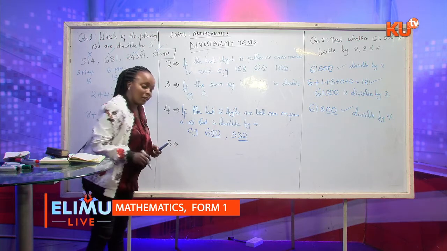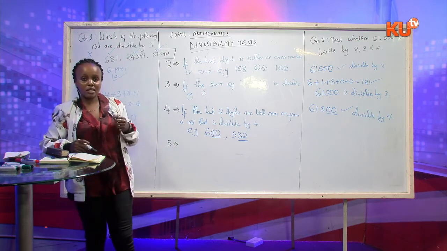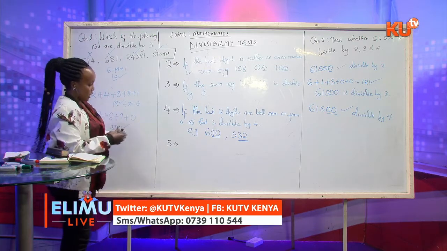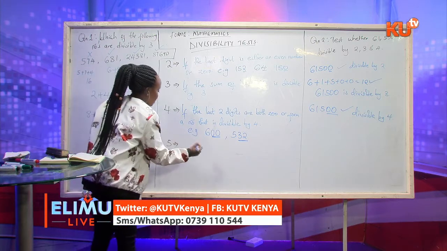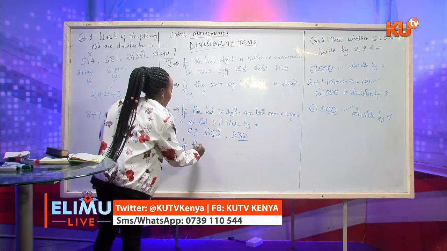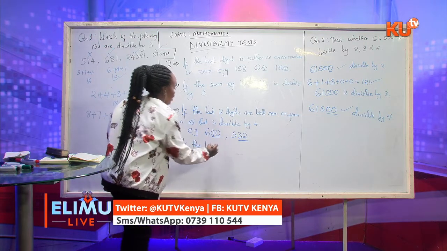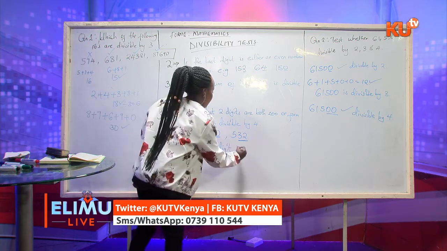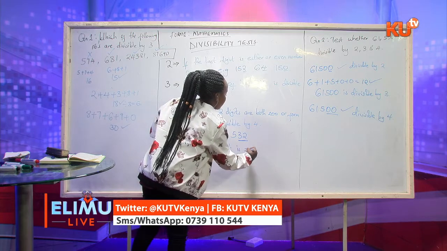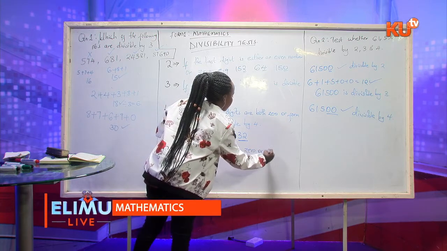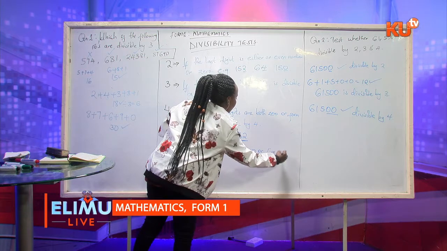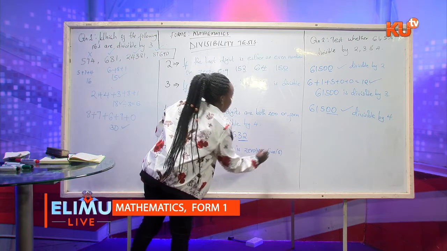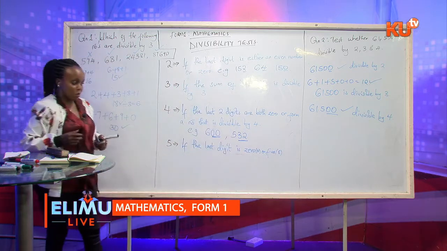So we can also continue with the divisibility test for 5. A number is divisible by 5 if the last digit of that number is either 5 or 0. This one is easy. So if the last digit is 0 or 5, we know that the number is divisible by 5.